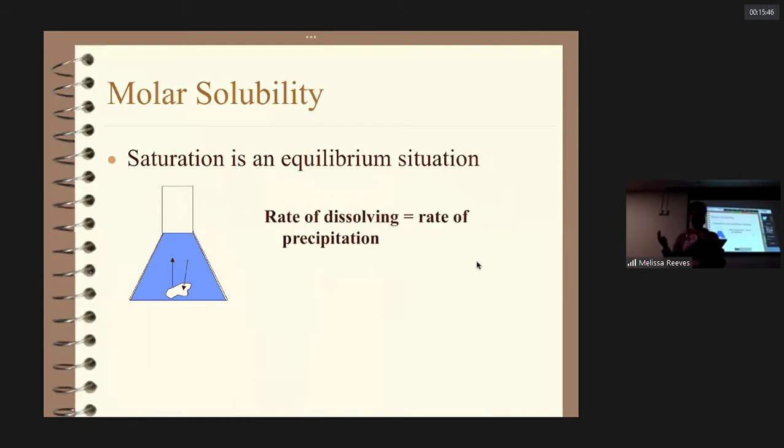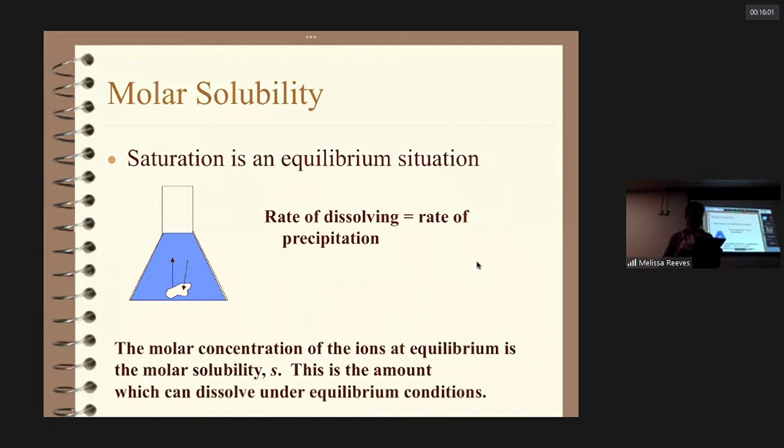And at equilibrium, the rate of dissolving of the solid is equal to the rate of precipitation. And so this is harder to maintain if you don't have a lot of excess solid sitting at the bottom. And the molar concentration of the ions at equilibrium is called the molar solubility, which is given the variable S typically. And this is the amount which dissolves under equilibrium conditions.